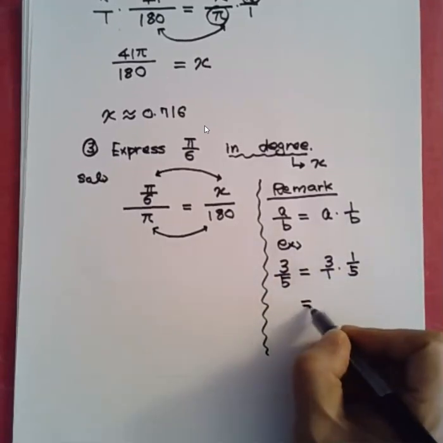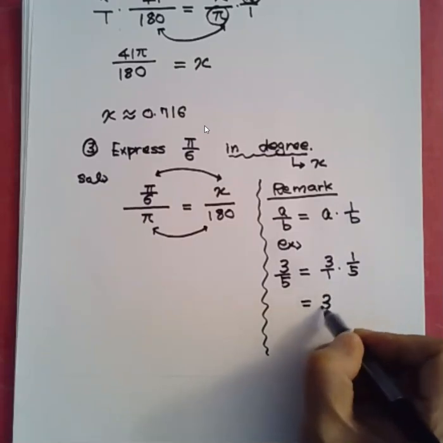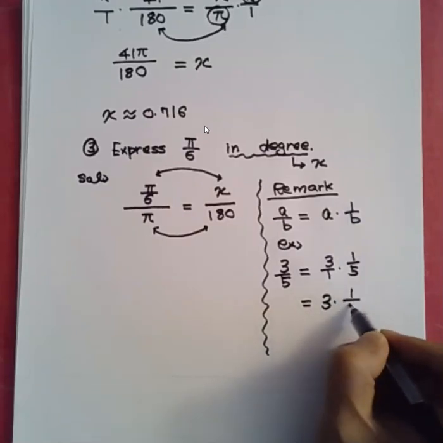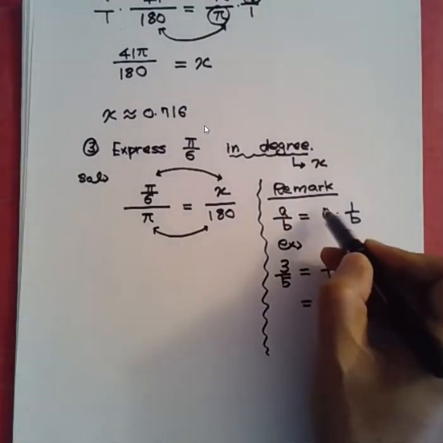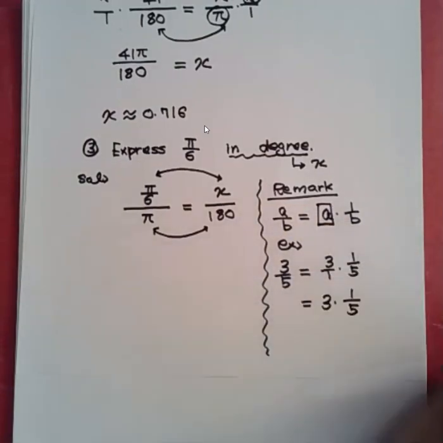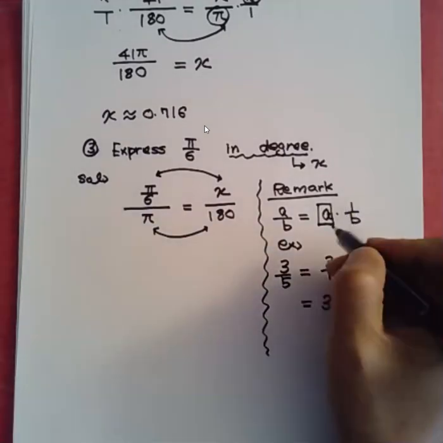So we can also say that is 3 times 1 over 5. What I'm trying to say is this A can be written separately. That is a numerator.